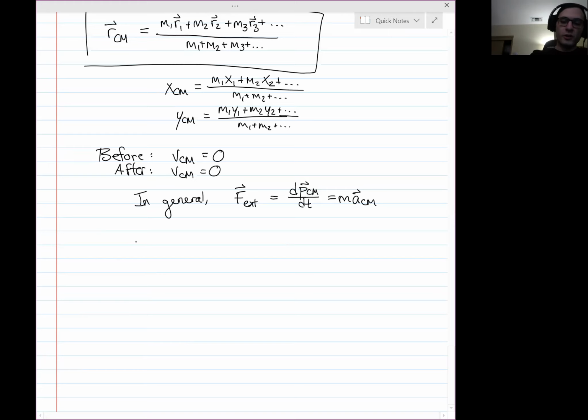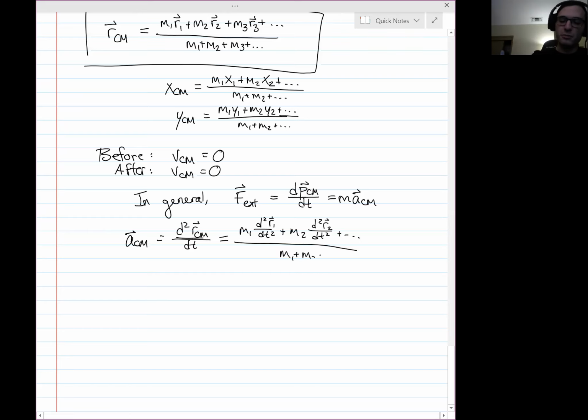So the center of mass acceleration is just the second time derivative of the center of mass position, just like you would normally do for a single object. This is m1 times d squared r1 dt squared plus m2 d squared r2 dt squared plus dot dot dot, divided by m1 plus m2 plus dot dot dot.